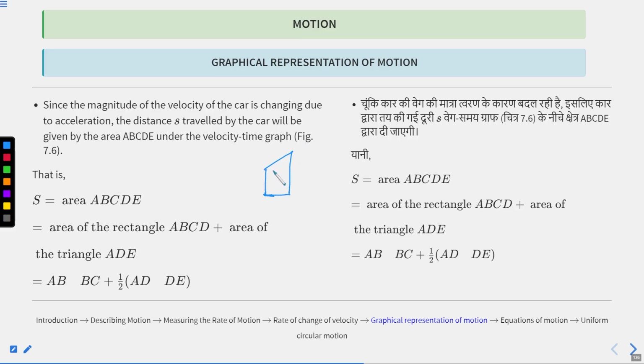Either you directly know the formula of a trapezium, or you can divide the trapezium into a triangle and a rectangle. We calculate the area of the rectangular part and the triangle part, and then we get the whole area by summing them up. This area will give you displacement.